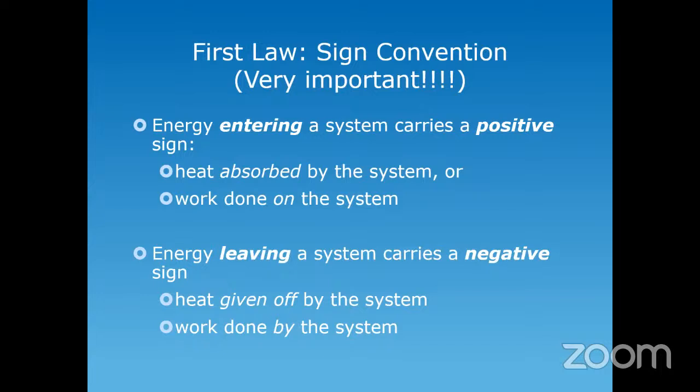So again, very important for you to understand the relationship between the sign of the change and what is happening in terms of whether or not heat or work is going to be done on a system, or heat or work is going to be given off by the system.